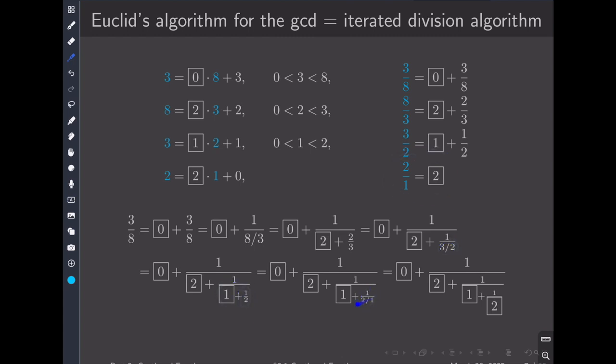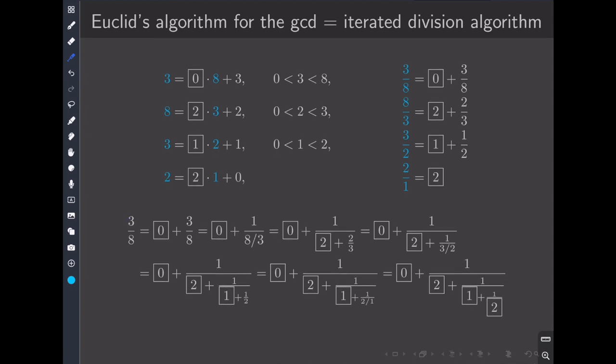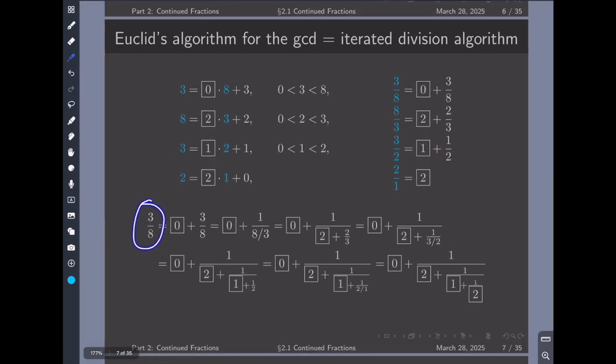Yeah, but then here this one tells me you are done. So this last one survives, and I know that 3/8 can be obtained from the numbers 0, 2, 1, 2 by performing these kind of nested divisions, right?